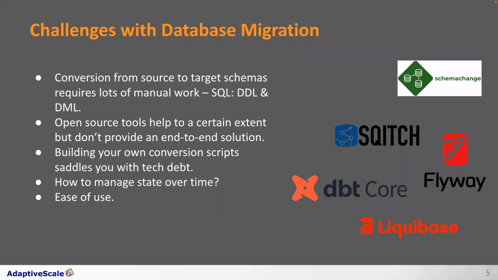It requires lots of manual work, checking the schemas, extracting DDL, and so on. There are tools today that can help solve some of these challenges, but none of them, like Flyway, Liquibase, DBT, or Switch, provides an end-to-end solution for the process of database migration.